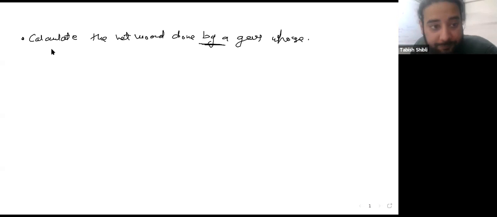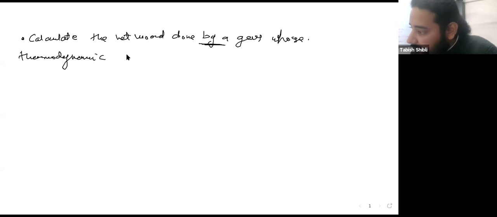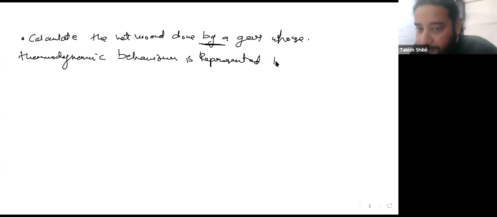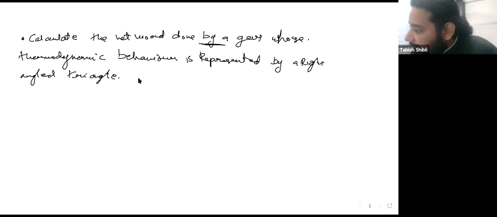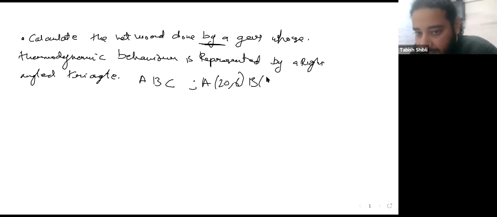Whose thermodynamic behavior is represented by a right angled triangle ABC, where A is 20, 6, B is 10, 12, and C is 10 comma 6.